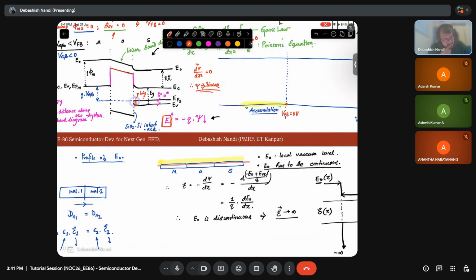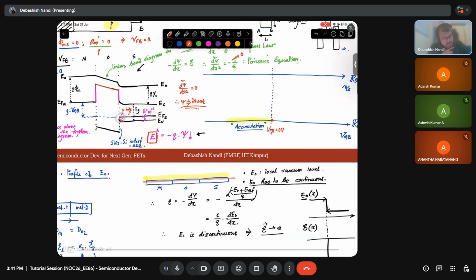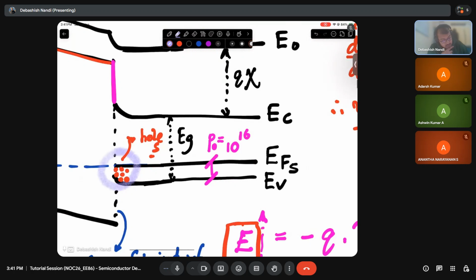Another thing about surface potential, right? We define a quantity. Let's say we have this line and this line.